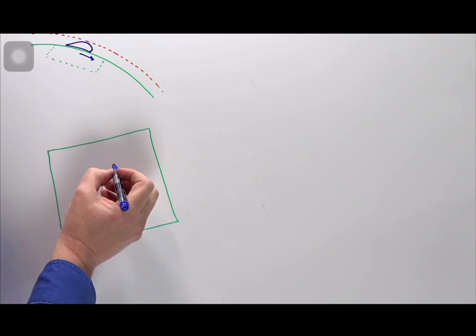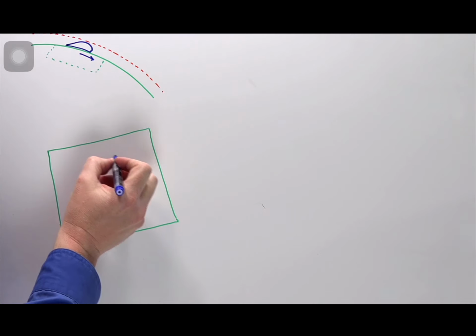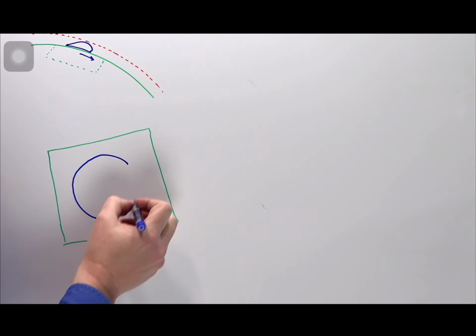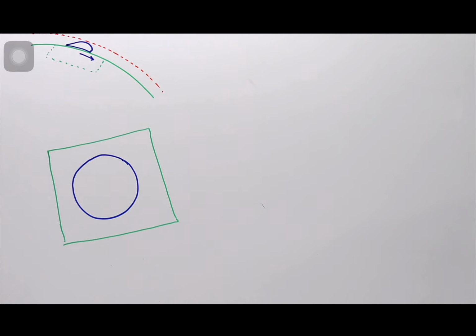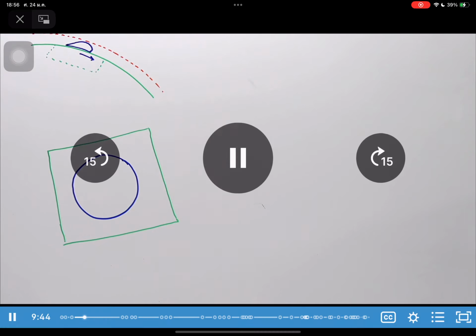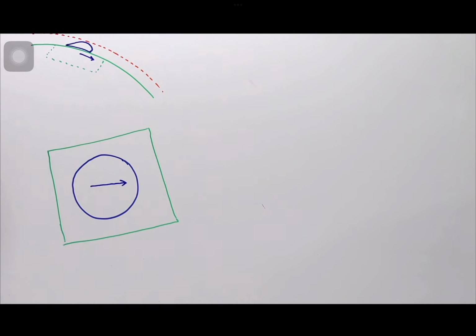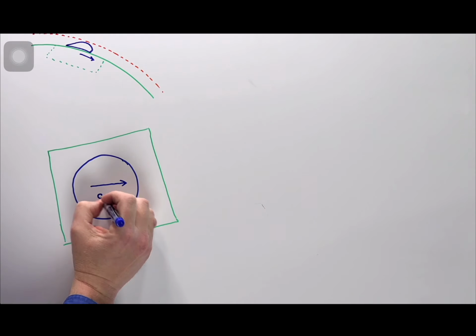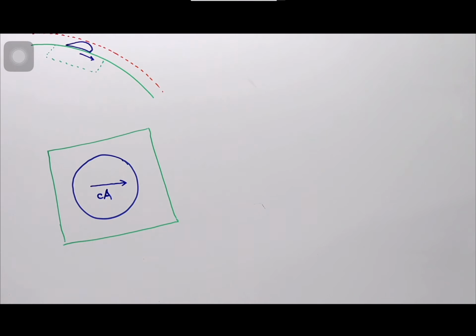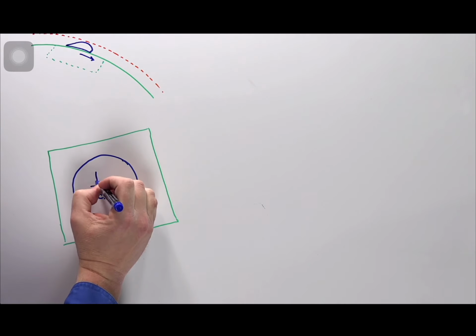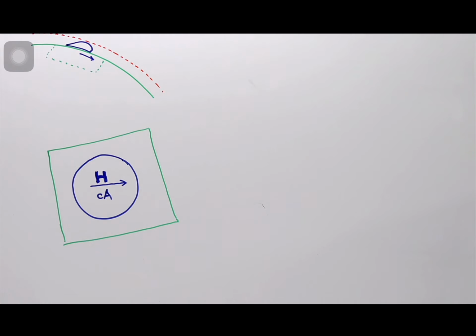So let's draw this cold air mass right in the middle. Now, remember, overall, this cold air mass is moving in that direction. And just for the sake of argument, I'm going to say that it's continental Arctic. And remember, the source region for any air mass is always going to be a high pressure region, right?